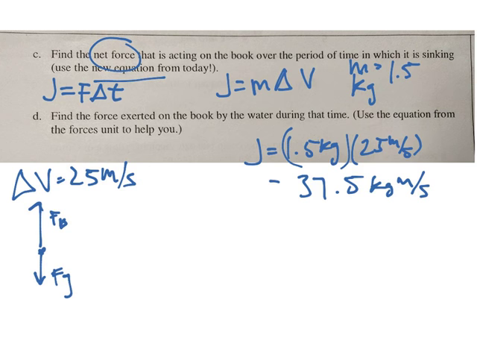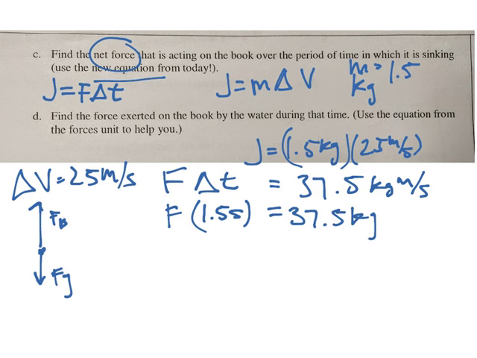And we know this is also equal to F delta t. And we know our total change in time, if you look back at the problem again, was 1.5 seconds. We want to find our force. We have 37.5 kilograms meters per second.